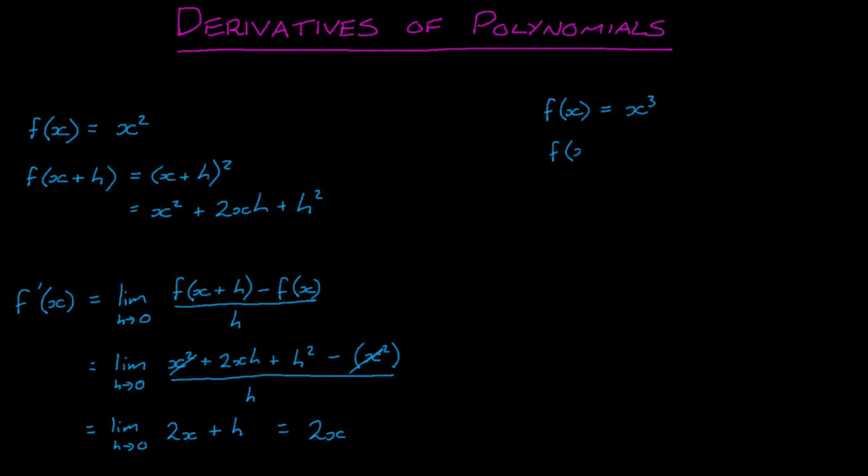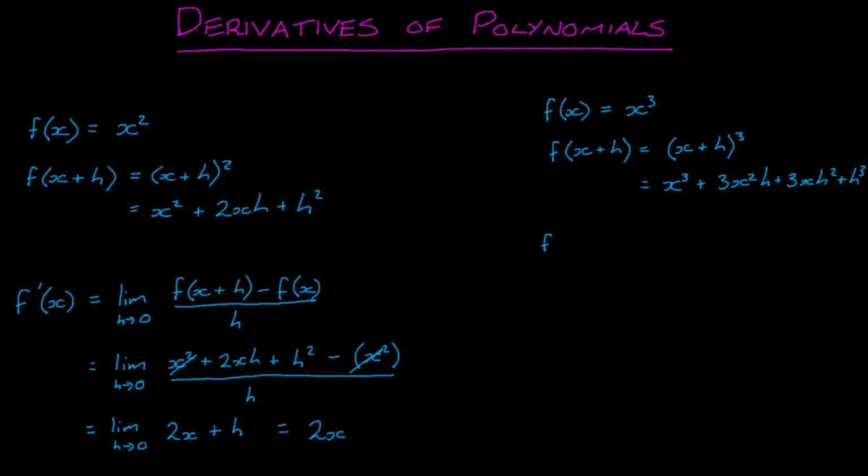That means our function at x plus h is x plus h cubed. And that's x cubed plus 3x squared h plus 3xh squared plus h cubed.